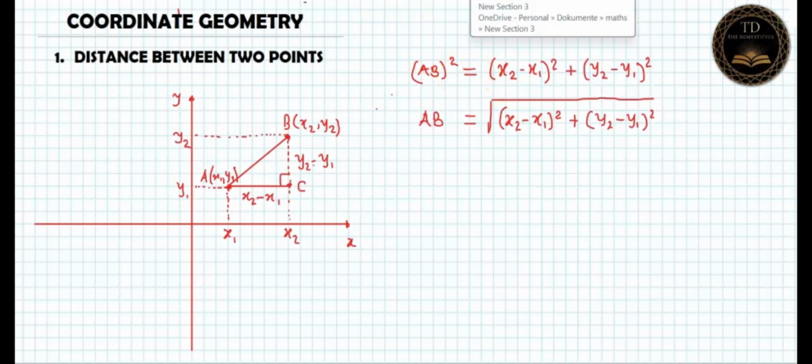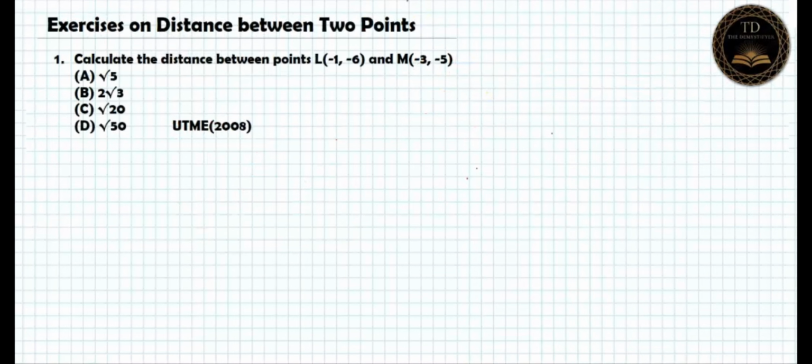Let's look at the first one from a past question. This is from UTME 2008. It says calculate the distance between points L(-1, 6) and M(-3, 5). Now you know the formula for the distance between 2 points. The points are L and M, so we use L and M in this case.